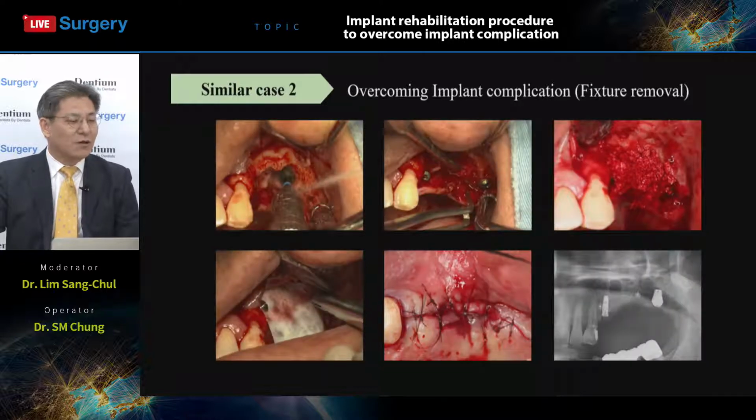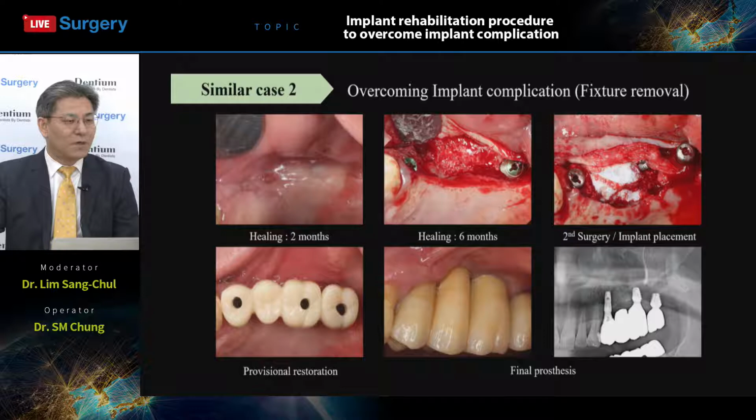Okay, so after removing this failed fixture, the next step will be a GBR procedure, a bone augmentation: grafted bone, membrane, flap, and stay there. And we have to wait 4 to 6 months, and then after this waiting time, we can do another implant installation.